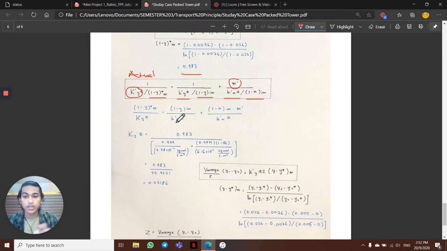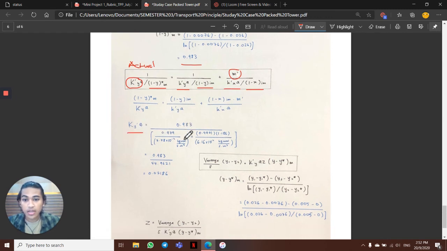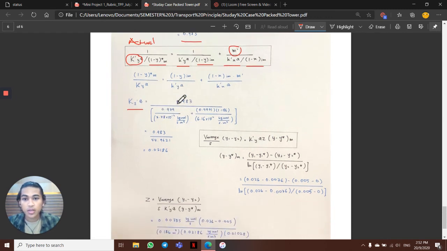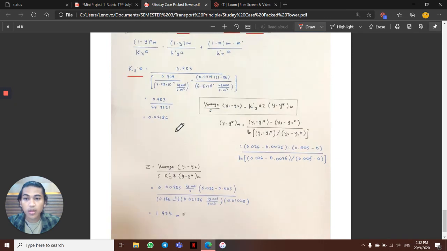So you just isolate at the left side of the equation and just calculate as usual by inserting all of the values. And by inserting all of the values, at the end of the calculation, we will get capital K prime ya equals 0.02186. Alright.